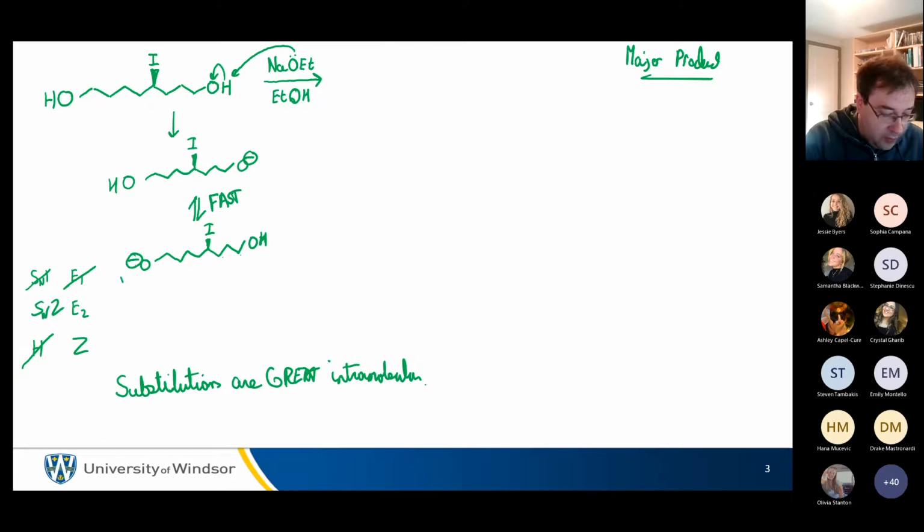We have one vote for left. So if that did that, it would do that, to make a 6-membered ring.